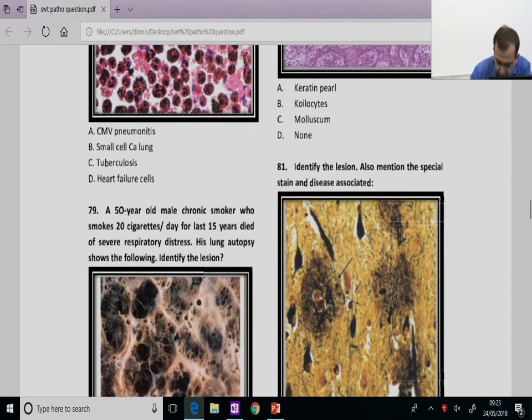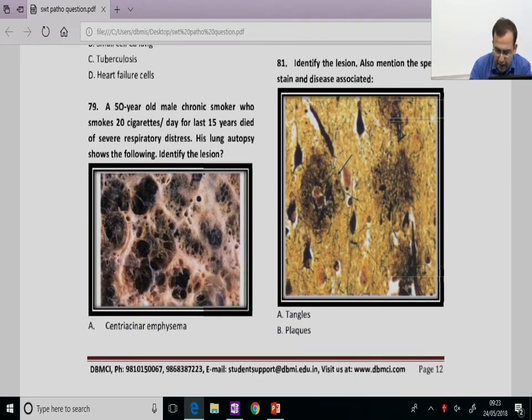Question 79. Now again let us have a look at the image first. What we see here is the presence of dilated structures. Let us be unbiased. I do not know the parent organ just by looking at this, though this is a classical image, but let us assume I do not know the parent organ.